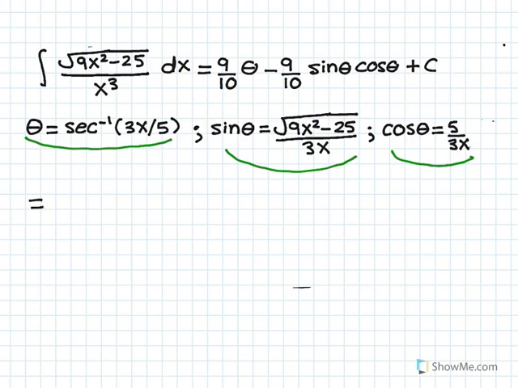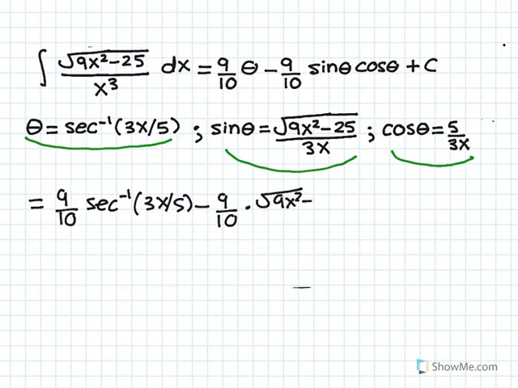So what we have is 9 over 10 times theta. Well, theta is secant minus 1 of 3x divided by 5, minus 9 over 10 times sine theta. Sine theta is root of 9x squared minus 25 divided by 3x, times cosine theta. Cosine theta is 5 divided by 3x, plus c.